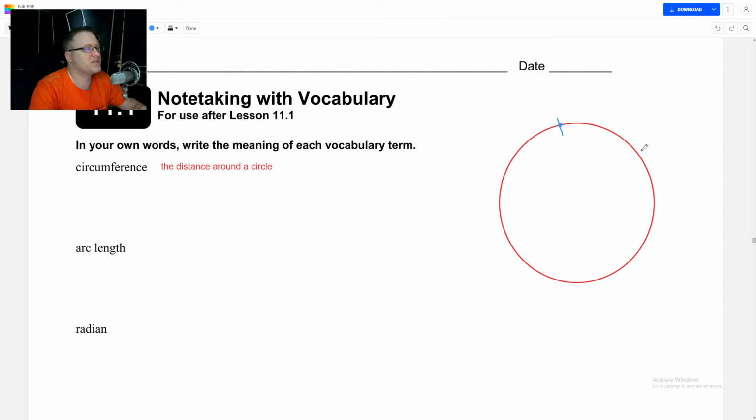Well, that will be the circumference of the circle. So remember, the distance around a circle is called the circumference. In math, when we talk about the circumference, we usually represent it with a big capital letter C.